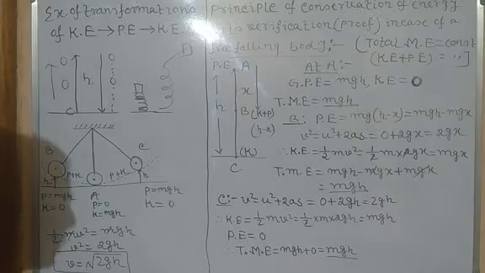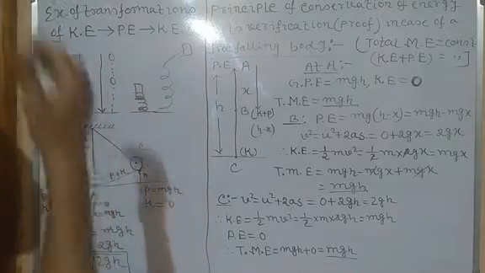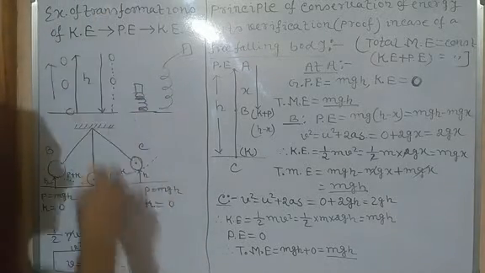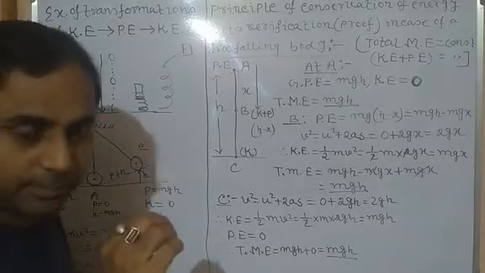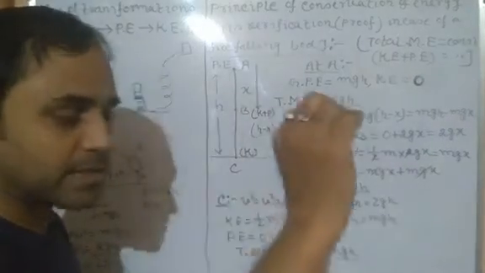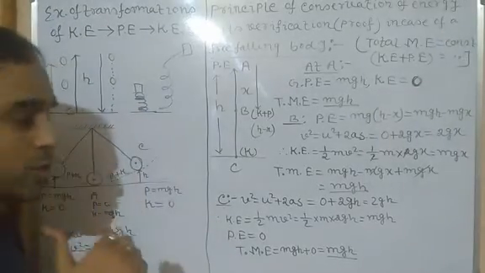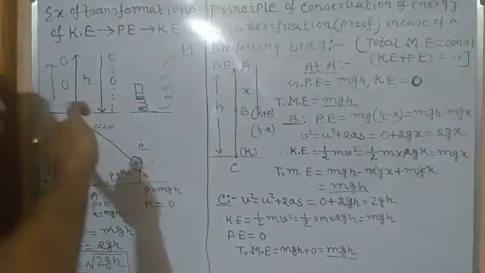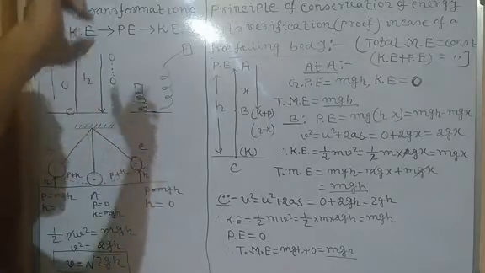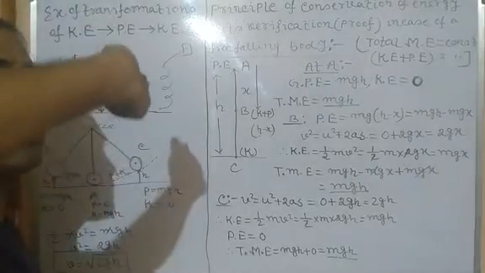Why? Because when we throw any object against gravity, after attaining maximum height it becomes at rest momentarily. As it attains height, its velocity slowly and gradually decreases.